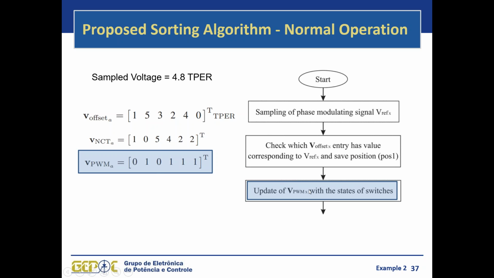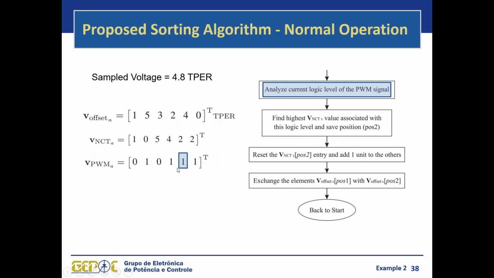We update the value of the VPWM with the switching states. So we have now these switching states here. We see the current logic level of the PWM signal. So switch S4 is conducting, so its switching state is equal to 1. And we have these other 3 switches here that are also conducting, that are also on logic level 1.